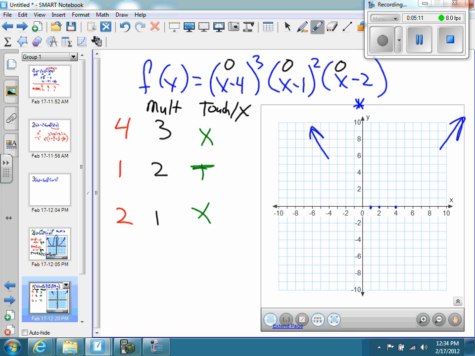Is it going to touch or cross the x-axis? Cross. So we know it's going to start down here, and it's going to end up going like that somewhere. We don't know what's going to happen other than that right now. And what about our far left intercept of -1? Cross and go out.